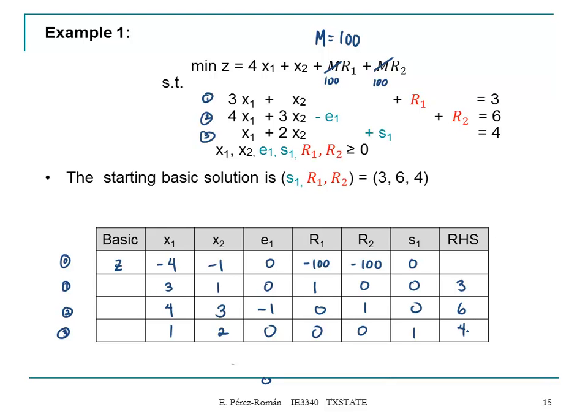So let me list those here for now. The purpose of adding these artificial variables is to make them basic variables in our initial solution. So let me list them here: R1, R2, and S1. But we know that for them to be basic variables, these two numbers need to be 0. So we need to change that.